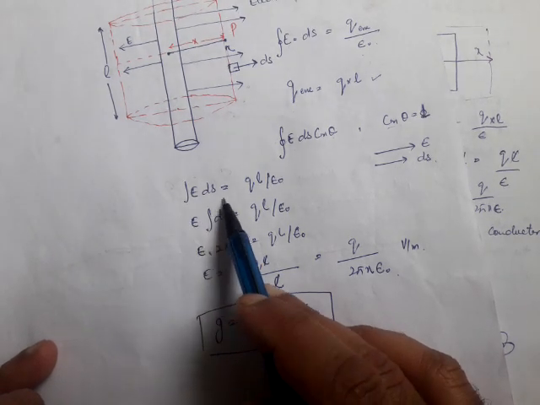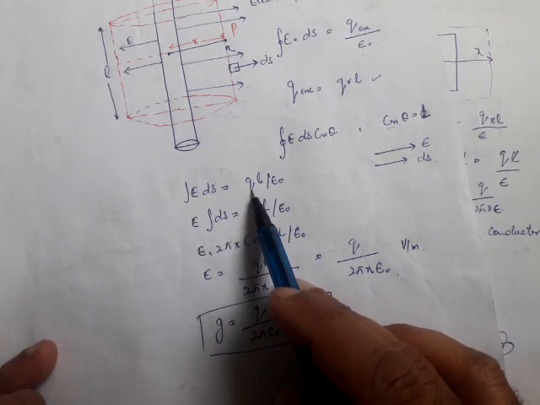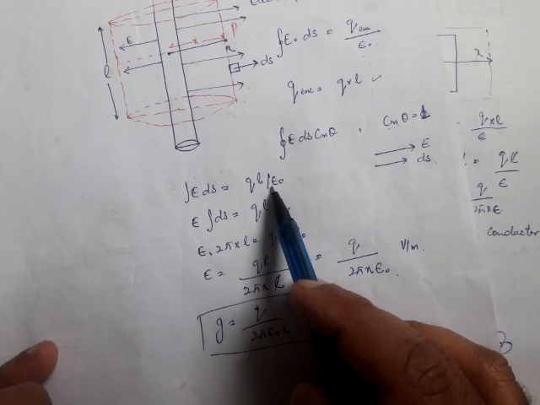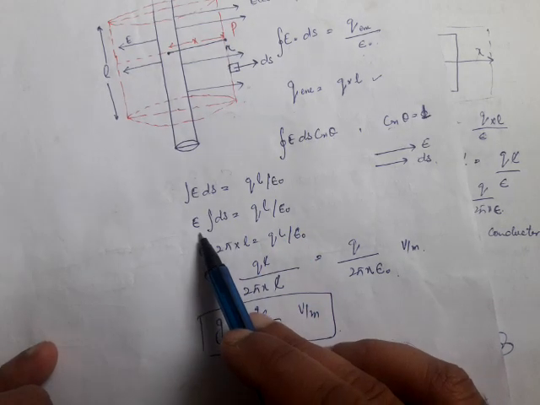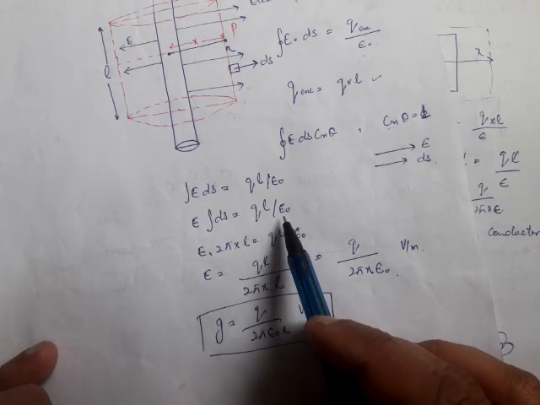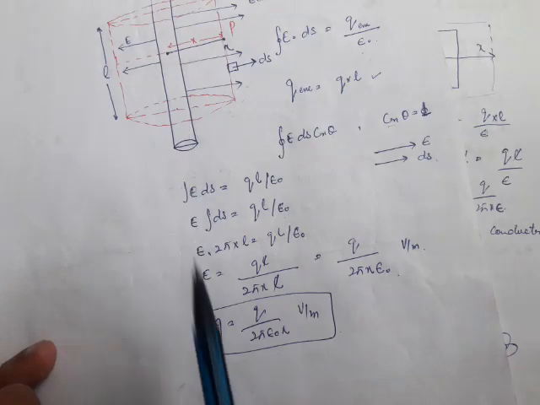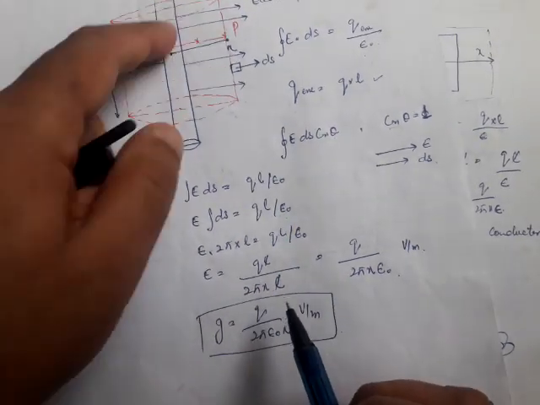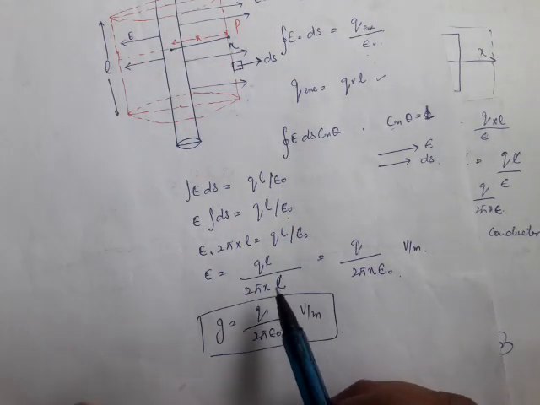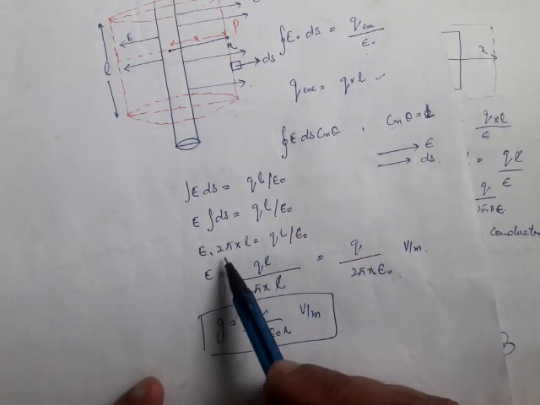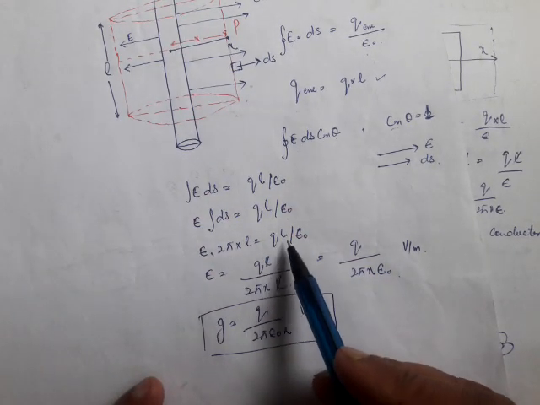So E ds will be equal to QL divided by epsilon naught, because E is constant at every point at distance x on the surface of the cylinder. And ds is the curved surface area of the cylinder, that is equal to 2 pi x into L, equal to QL by epsilon naught.